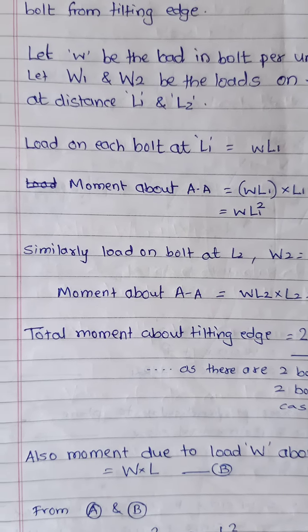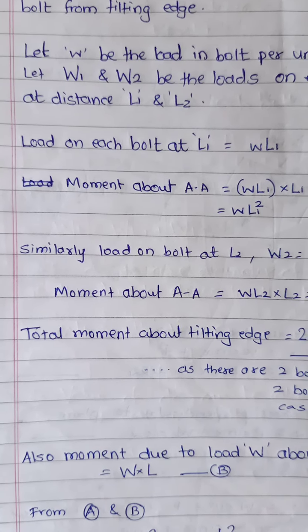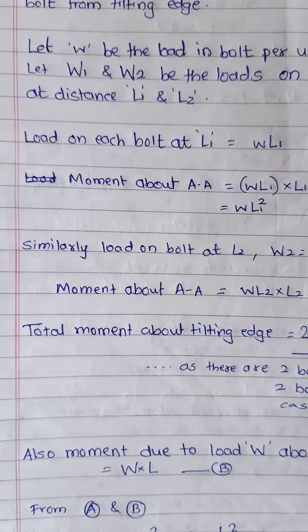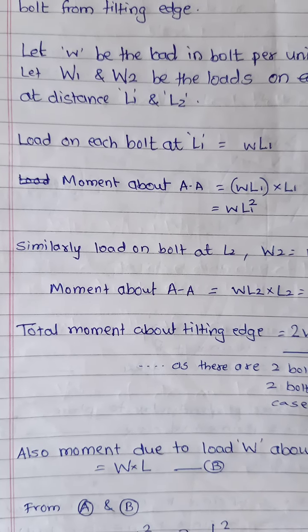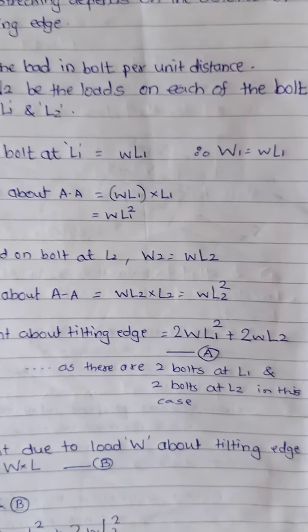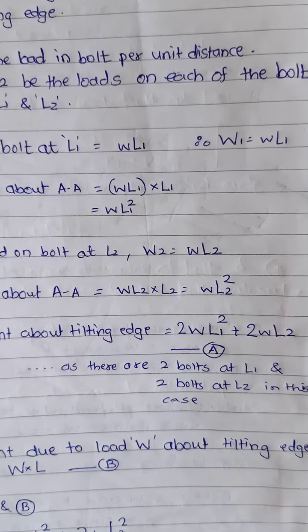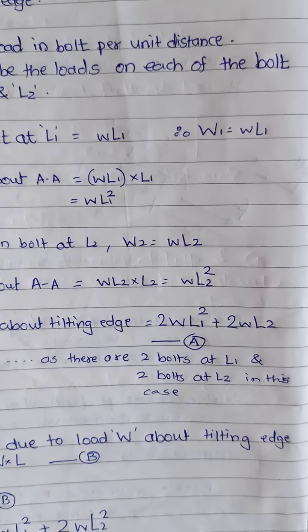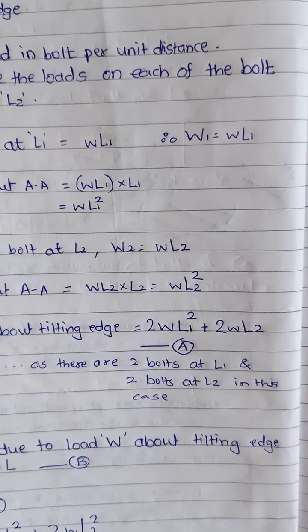Understood? So W1 will be small w into L1. Similarly, the load on each bolt at L2 will be small w into L2. So W1 is equal to w into L1, and W2 will be small w into L2.